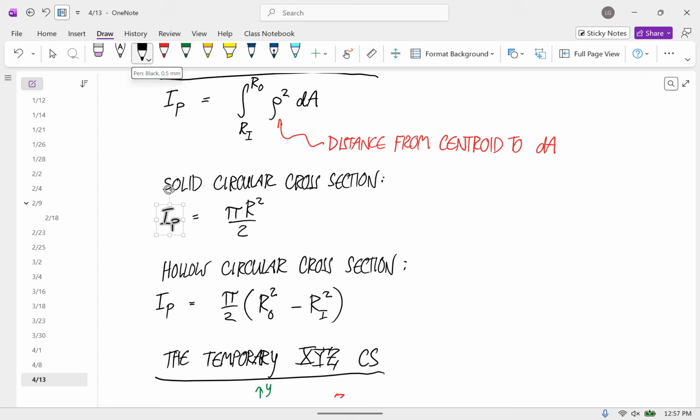That one doesn't have a sub p, so I will list the one that's polar and the one without a p is the area moment of inertia. And I did give these to you wrong. These should be to the 4th power. That has to be true because if you look at the integral definition, you have meters squared here, another meter squared here, so we have to end up in units of meters to the 4th.